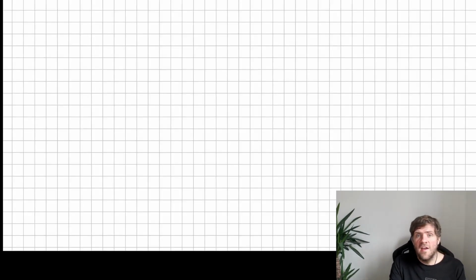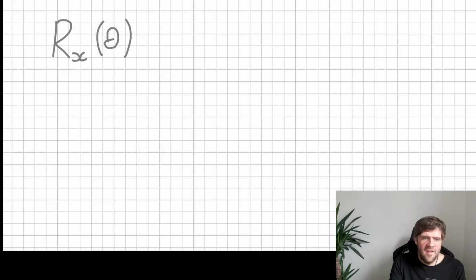So I'll just remind you of something we looked at last week, which is a certain gate set where we had rotations around the x-axis, and we could actually use rotations around any axis, but we were looking specifically at rotations around the x-axis by some angle theta, as well as the Clifford gates.